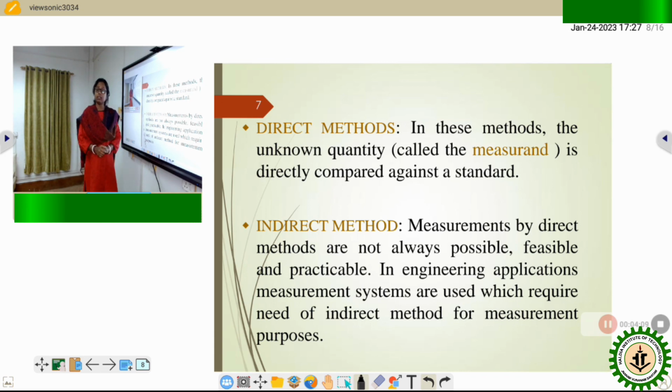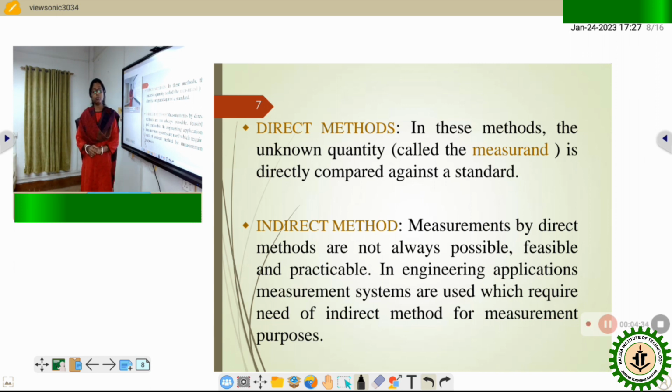However, there is another method, the indirect method. In the indirect method, measurement by direct methods is not always possible or feasible, unlike current and voltage measurement. In engineering applications, we need indirect methods, like when we measure a resistance.